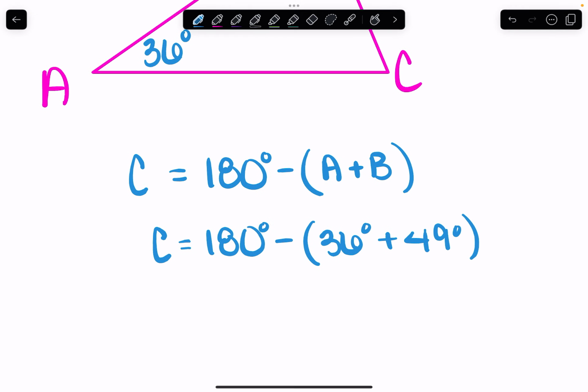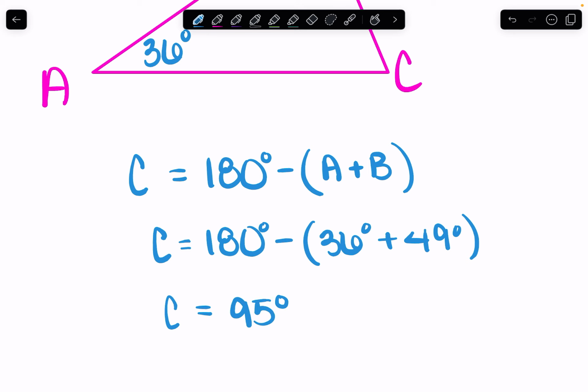Then we go to our handy dandy calculator and do some math. I'm not going to bring the calculator up on the screen, I think we're good with you doing this math without seeing it. So we get that angle C is 95 degrees.